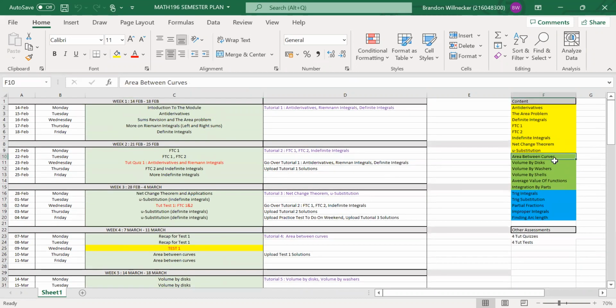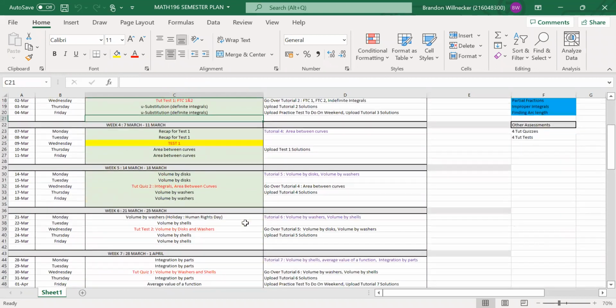So here's your test content. So you're going to have questions on area between curves, the 3 volume methods. So volume by disk, volume by washers, volume by shells, and then average value of a function. That's a very small section we'll get to. And then integration by parts. That's a bigger section.